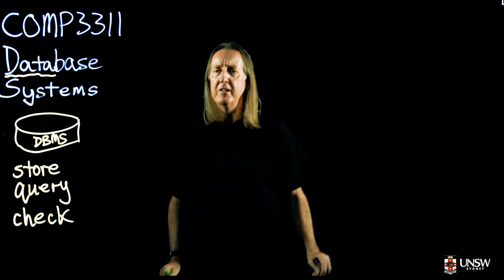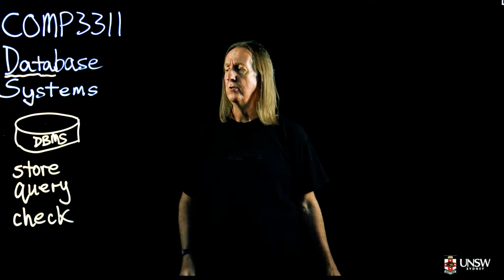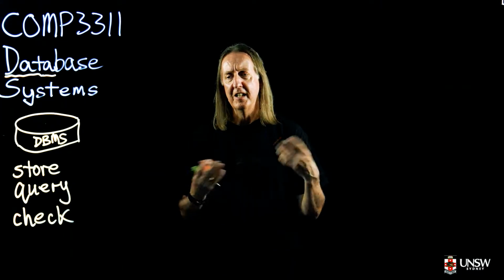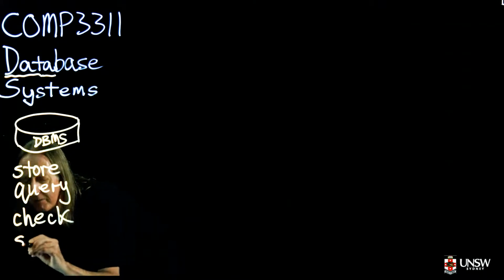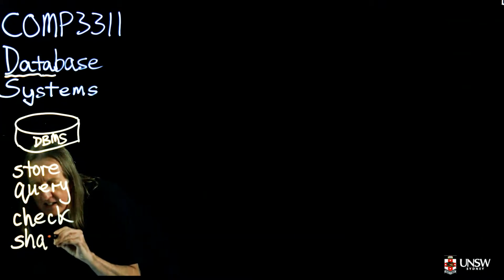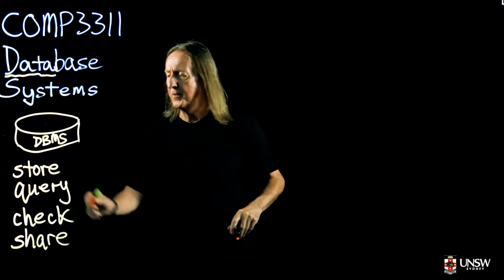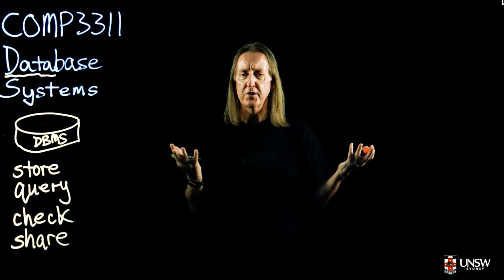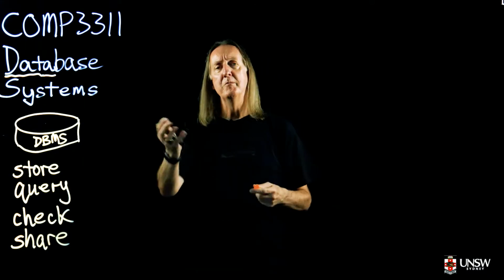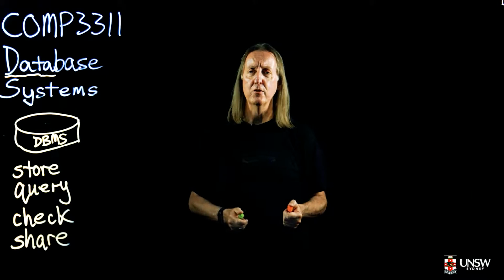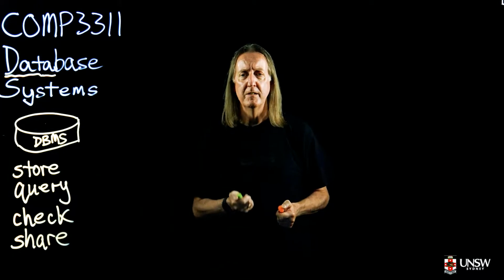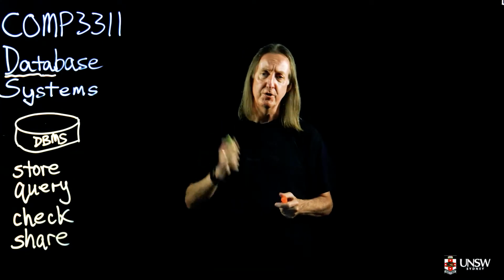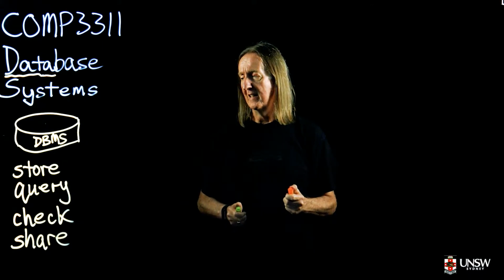And one other very important thing that DBMSs do: as soon as you've got a large amount of data, lots of people are interested in it, and therefore we need to be able to share data. Now, the first couple of things, certainly the first one, you can do with a straight file system. I'm sure in one of your other courses you would have written structs or records to a file, and then you can retrieve those records from the file at a later date.